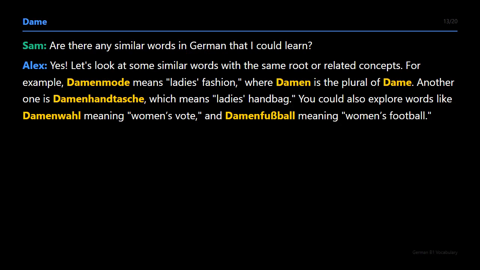Another one is Damenhandtasche, which means ladies' handbag. You could also explore words like Damenwahl, meaning women's vote, and Damenfußball, meaning women's football.